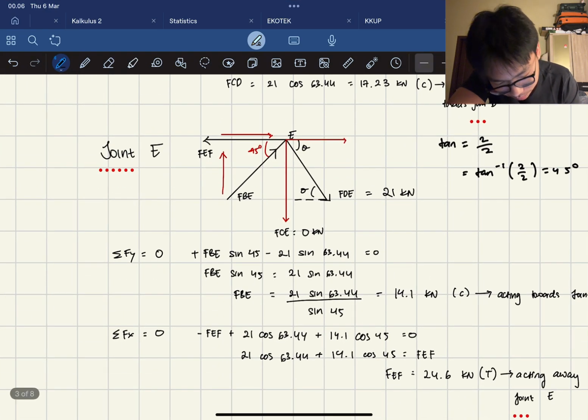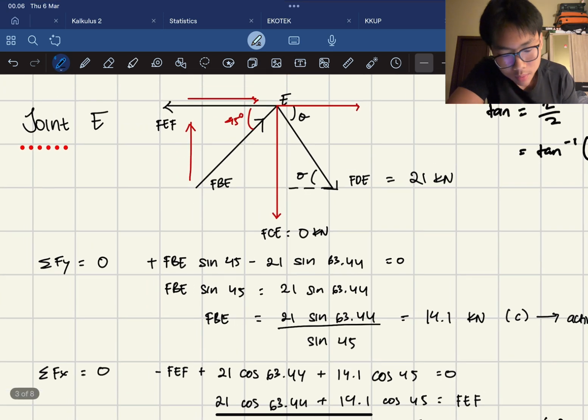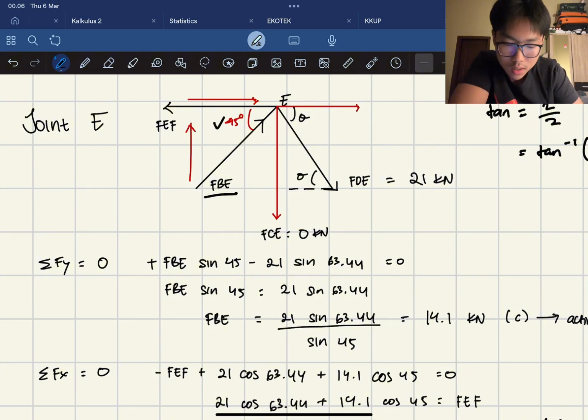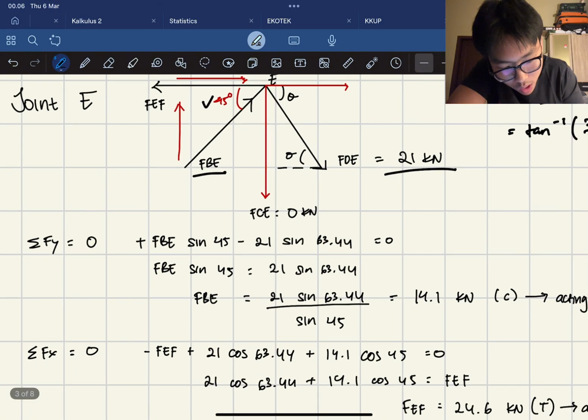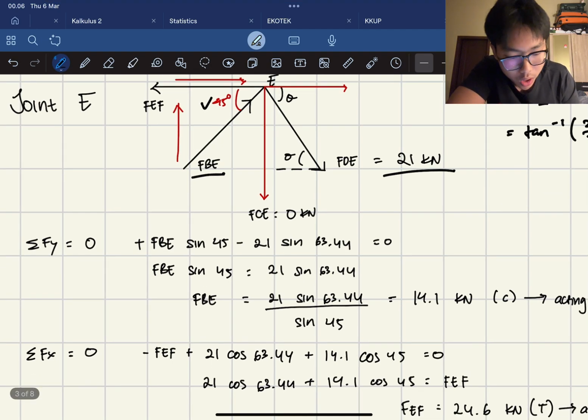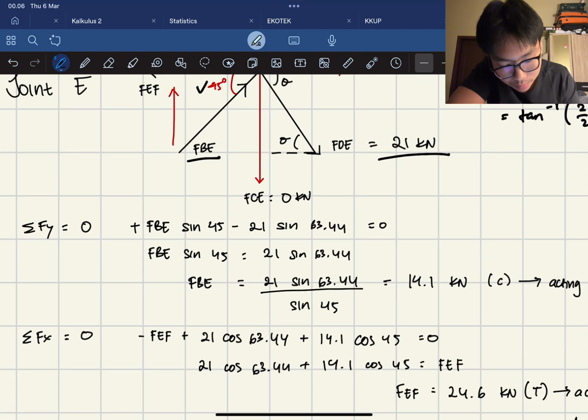So for sigma Fy, the formula would be FBE sin 45 minus 21 sin 63.44 equals 0.